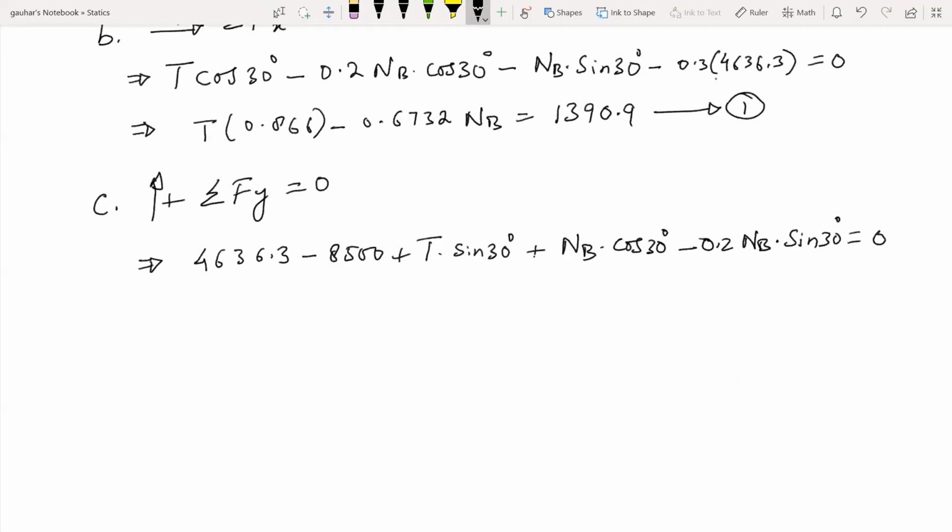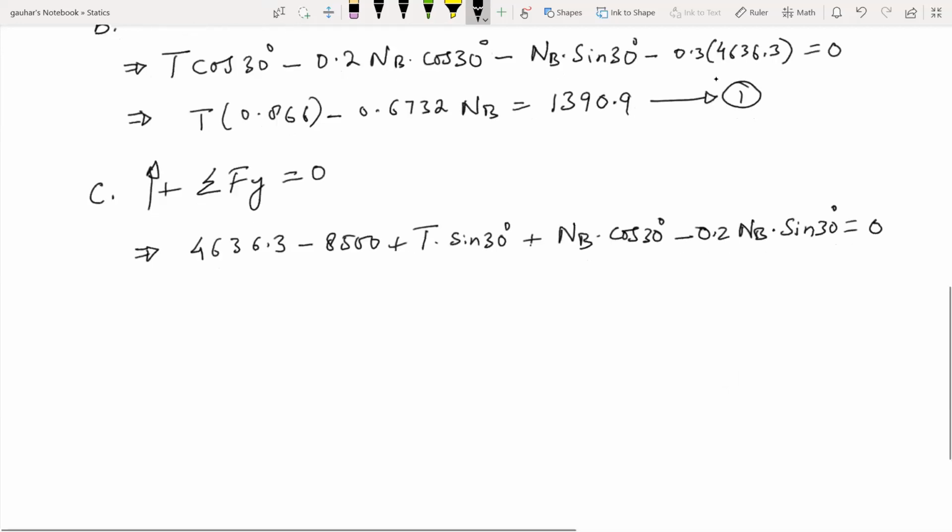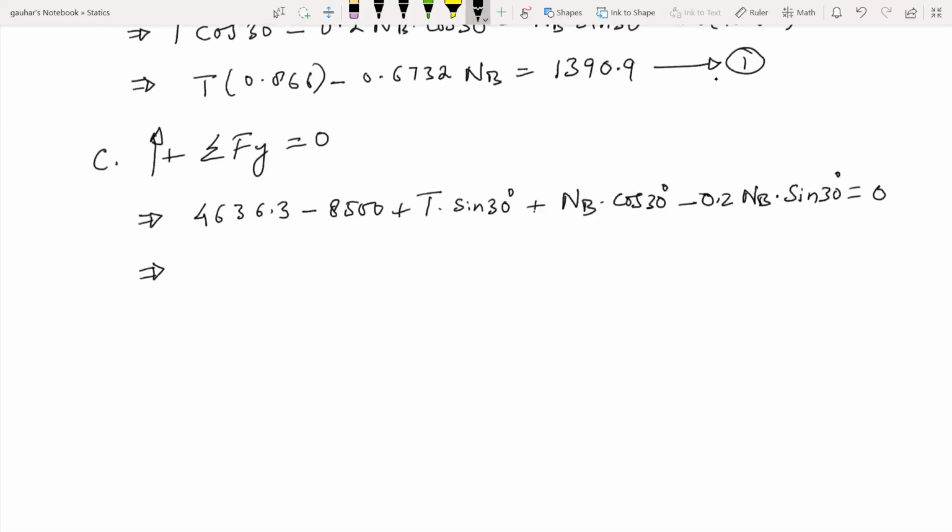Okay, so if you just simplify this equation, you get T times 0.5 plus 0.766 times N sub B equals 3,863.6. Okay, let's make it our equation 2.